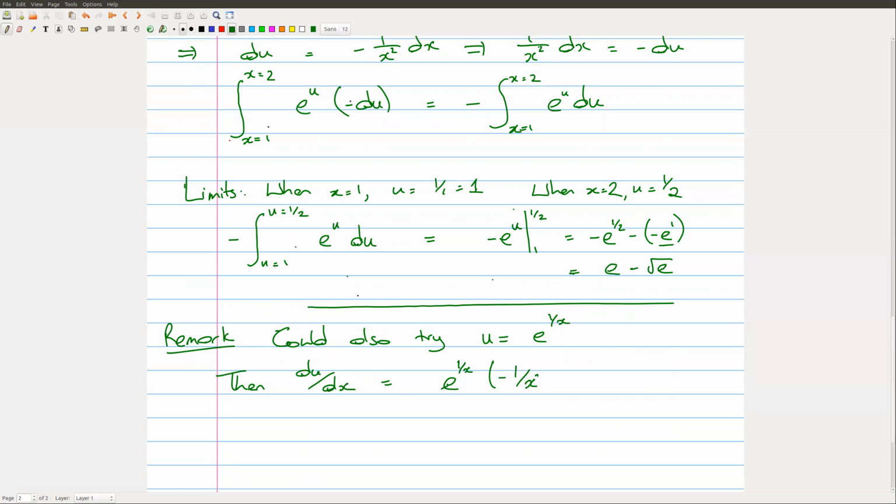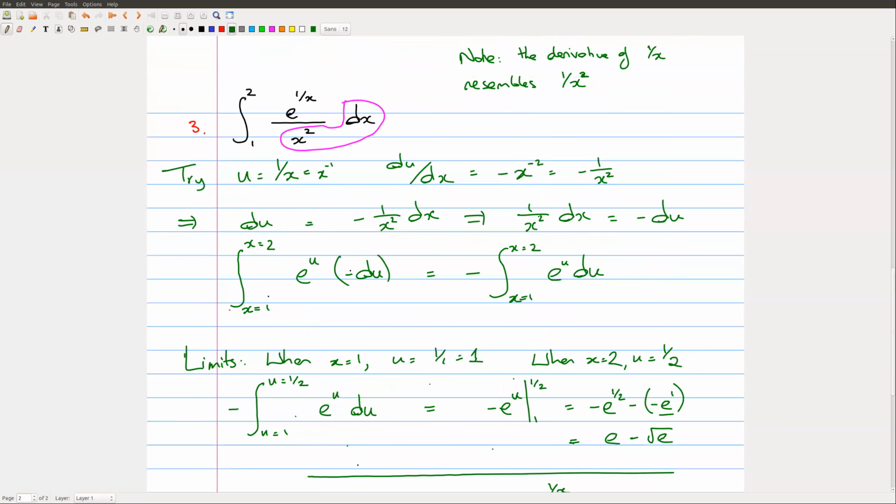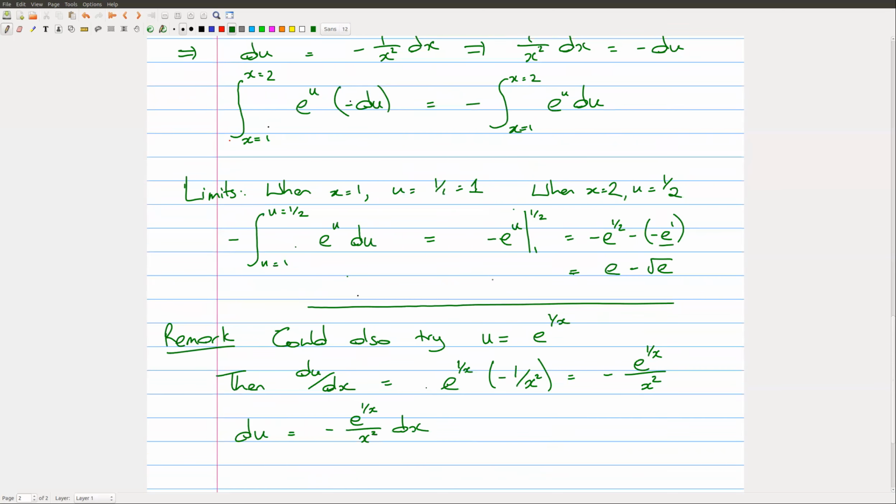So this is minus e to the 1 over x, over x squared. So what we can observe from that, using the usual substitution machinery, is that du is equal to minus e to the 1 over x over x squared dx, which is pretty much exactly what appears in our original problem, except without the negative sign.